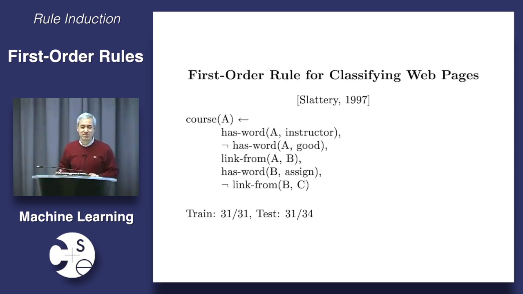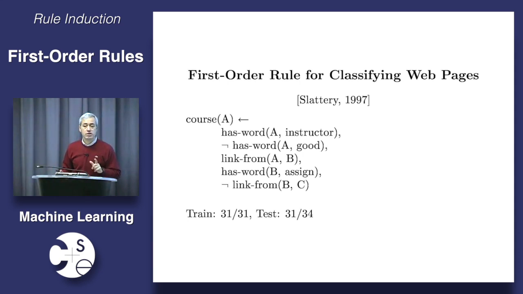Well, this is just an empirical fact. Let's not overinterpret it. Okay? But anyway, these two antecedents actually we could have done with what we had before. In fact, people often do this. I represent a web page as the bag of words that appear in it. It contains the word instructor, it does not contain the word good, it contains the word this and that and the other. And then I could just have the rule that says, well, if instructor and not good, then course. So far, propositional would be good enough.